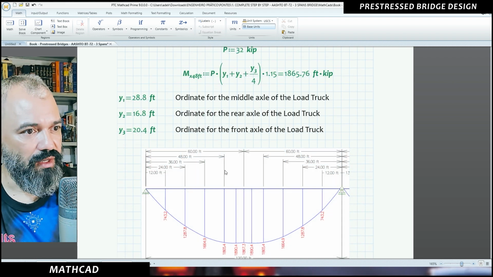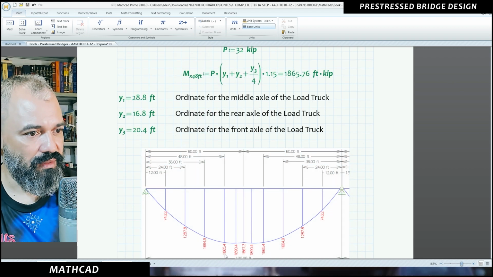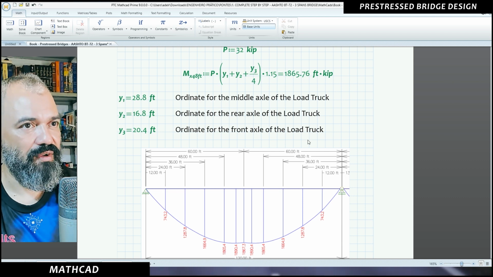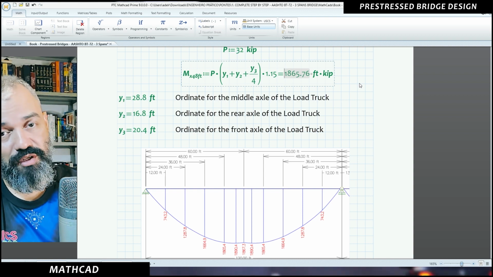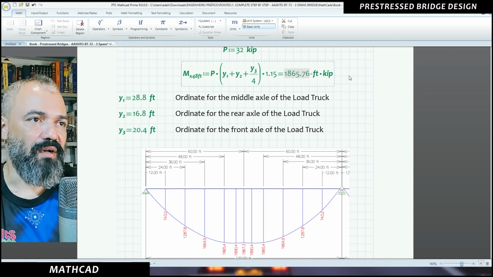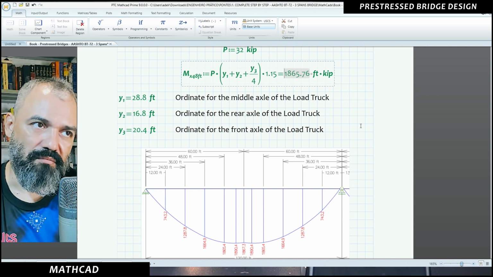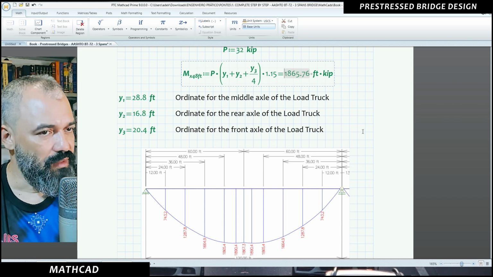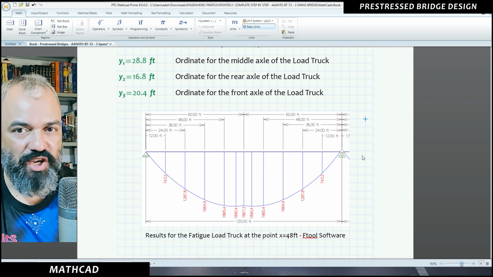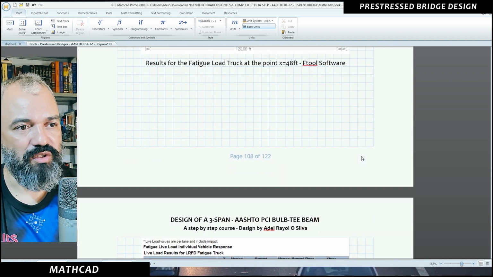So at 48 here, you have to find 1865. This is what happens here. So I'm demonstrating to you guys how to find it using both an equation or using a software. So this is how it works in this amazing course for you.